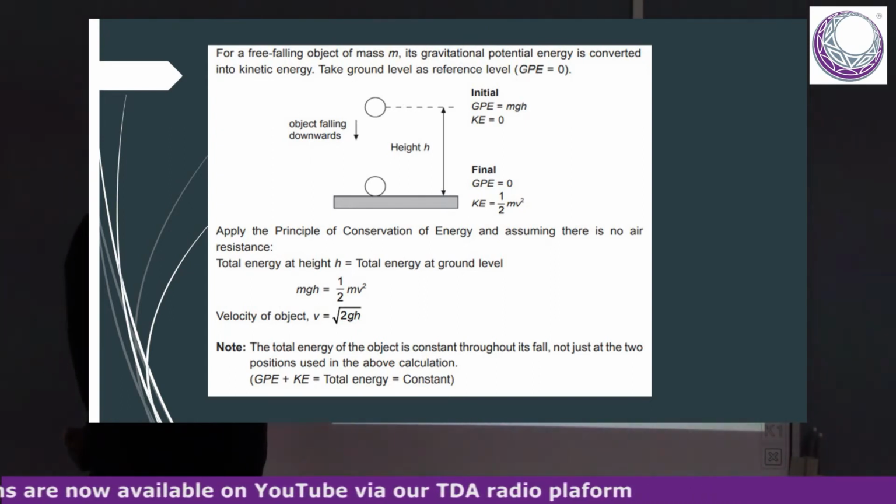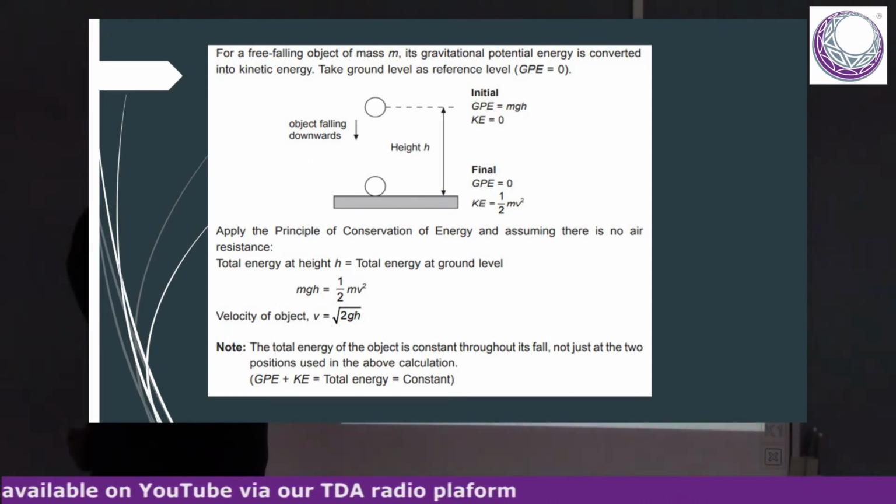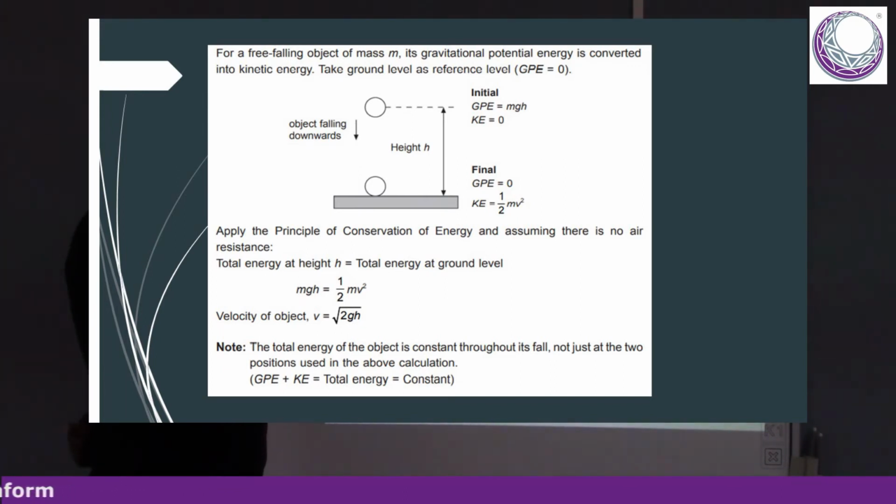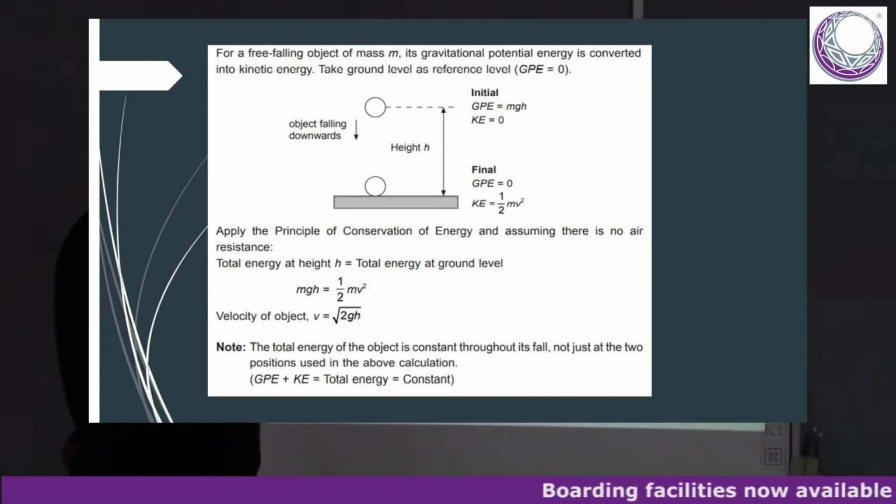So we are saying if it had 100 joules up here of g.p.e, it means at the bottom here its ke is also 100 joules. They are equal. Loss in g.p.e is equal to the energy gained in ke. We have the same calculation. We are applying the principle of conservation of energy, assuming that there is no air resistance.